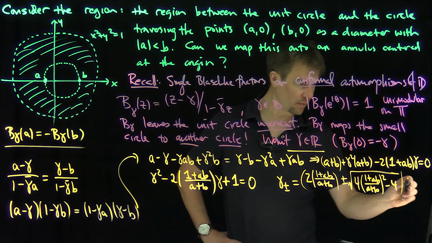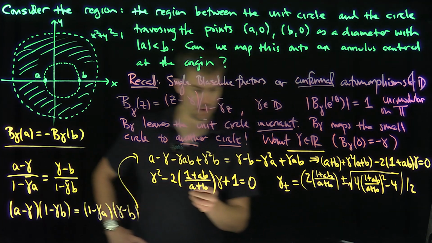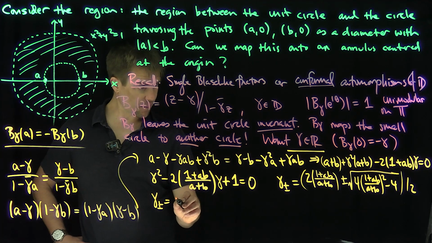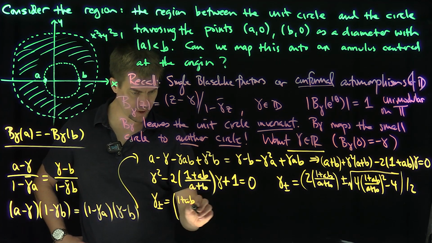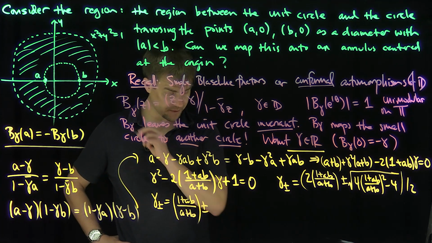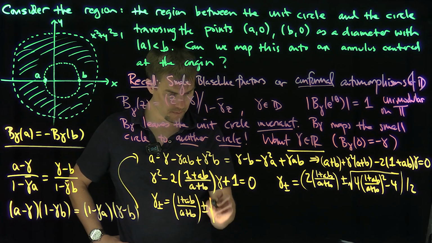The 2's are going to cancel the 4's. So γ plus-minus is going to be this number, 1 + AB over A + B, plus-minus the square root.